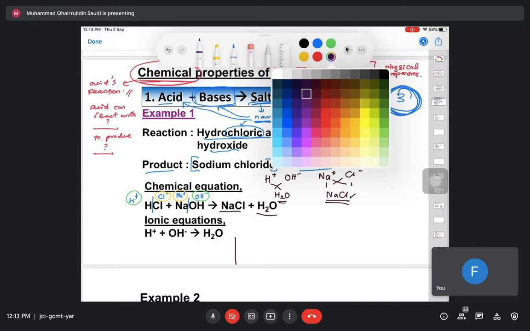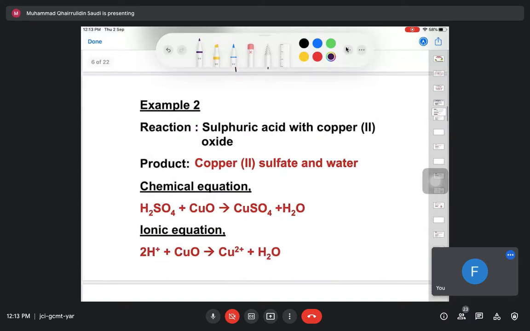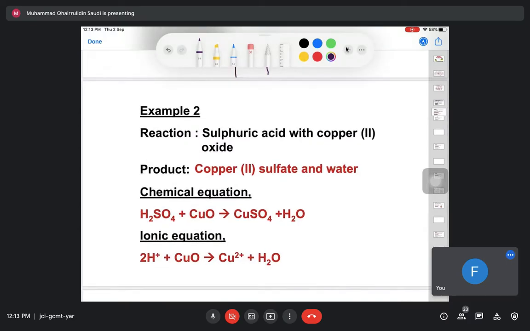Okay, good. The next one, example. The next example would be sulfuric acid with copper 2 oxide. So you know this one is acid and this one is base. So we should already know that when acid react with base, what should we get? The product? Yes, salt and water.